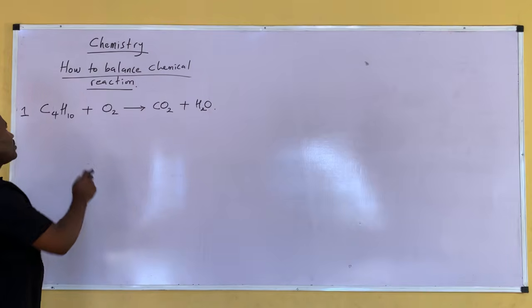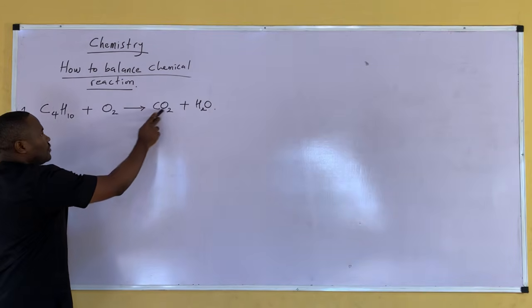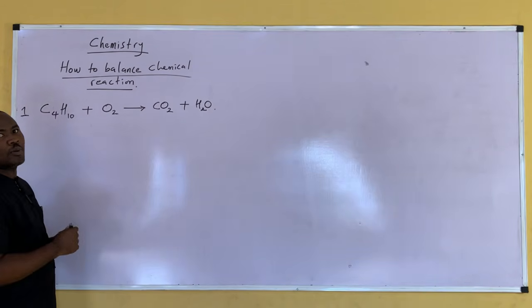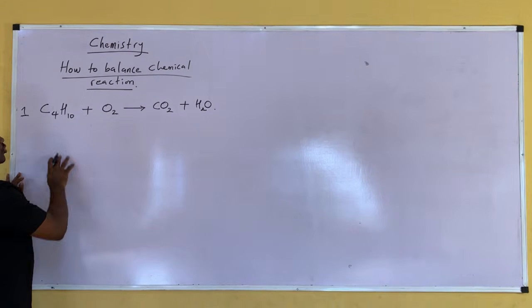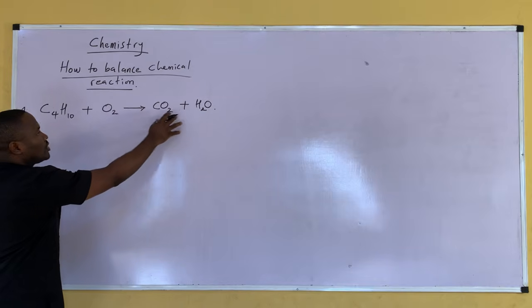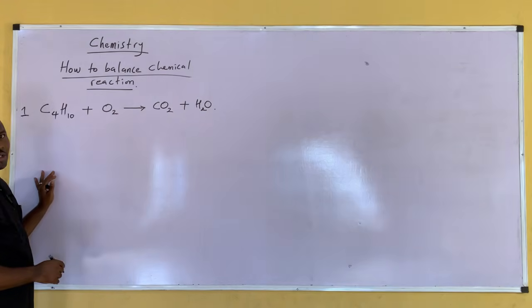Since these places will take a coefficient after it is properly balanced, the first step is to give an unknown coefficient to all of this reaction.